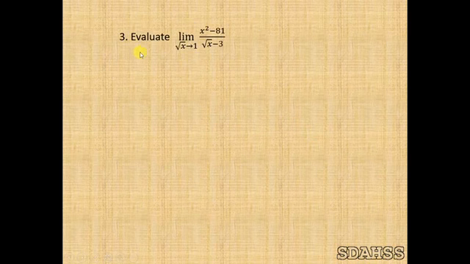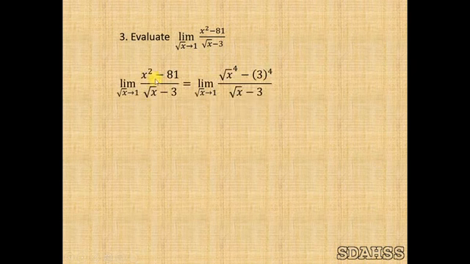Third sum. Evaluate the limit as x tends to 1 of (x^2 minus 81) divided by (root x minus 3). The limit of x^2 minus 81 divided by root x minus 3.